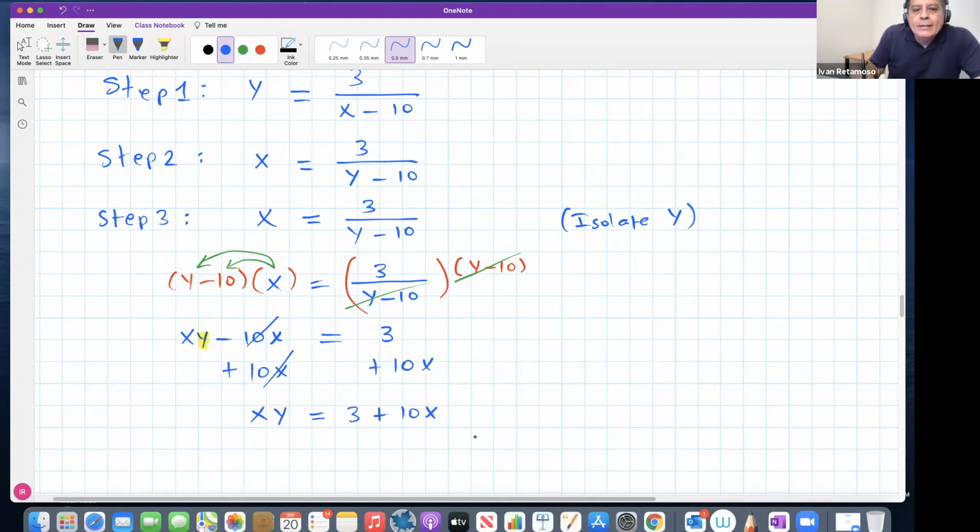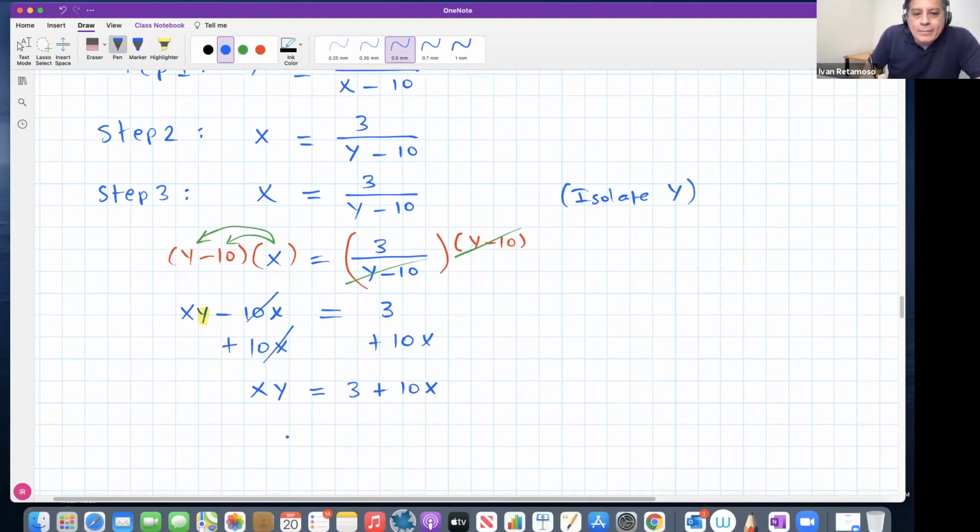All right. Finally, I am about to isolate my y, right? I'm looking for this y by itself. So to do that, I have to divide both sides of this equation by just x, right? So this cancels, and y finally by itself equals 3 plus 10x over x.